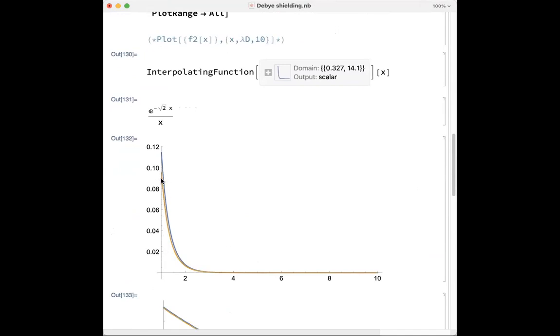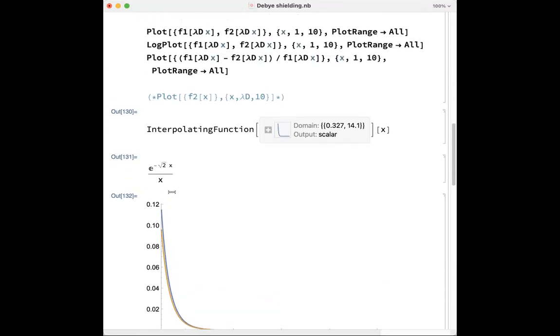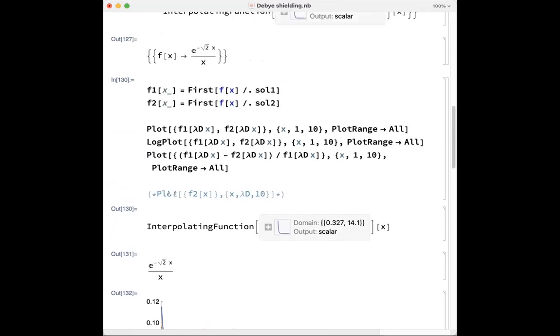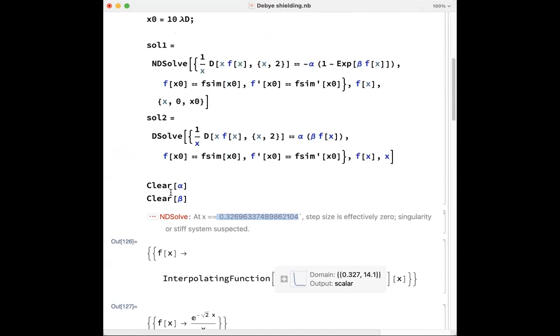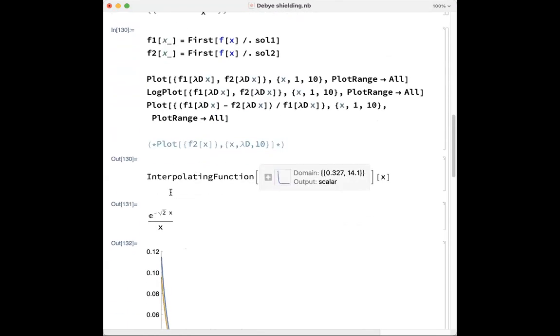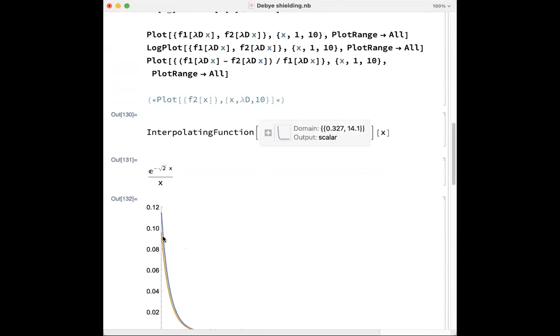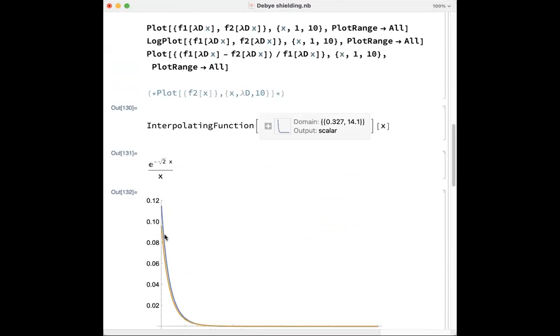Here I have a plot in linear scale. You see that the vertical axis goes from 0.2, 0.4, and so on. The blue one is the one I'm plotting first, which I now don't remember if it's the numerical solution of the complete equation, and the orange one is the approximate solution.